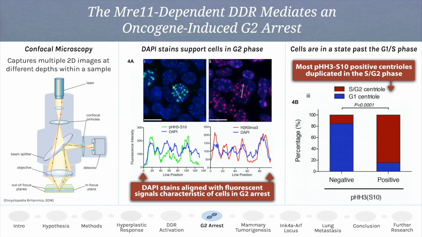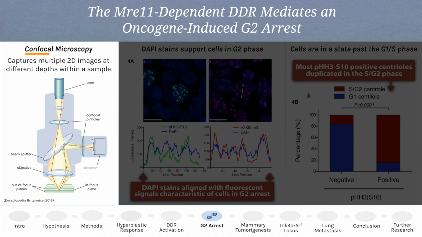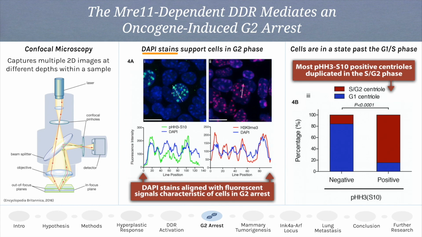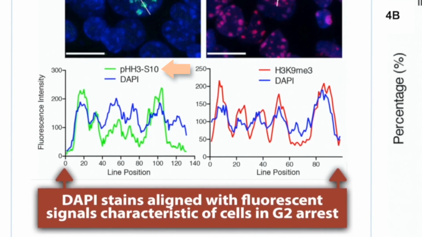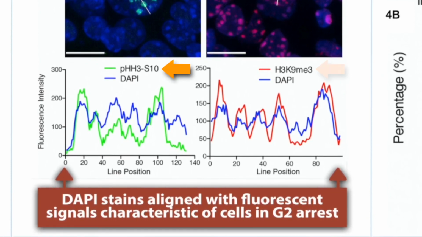Here, the researchers looked at which stage the cells expressing NuT were arrested by the Mre11-dependent DDR. They used confocal microscopy, which is a fluorescence imaging technique to visualize defined spots in a sample at specific depths, and DAPI staining, which shows where the DNA is in the cell. They then graphed the fluorescence intensity of the cells stained with two signals, PHH3S10 and H3K9Me3.